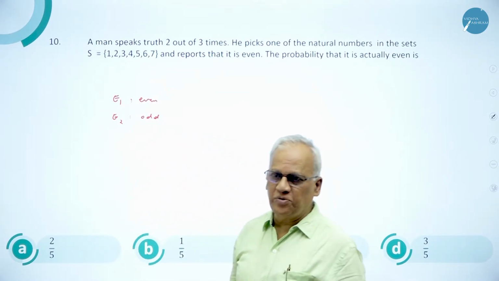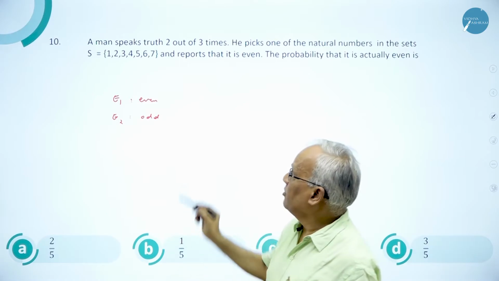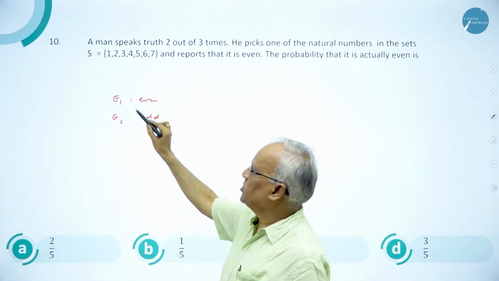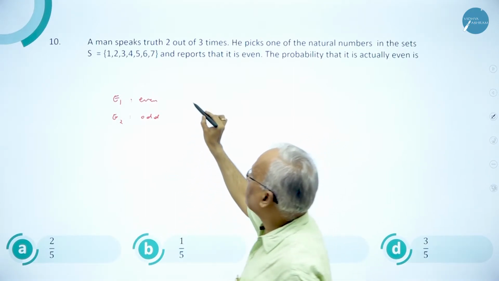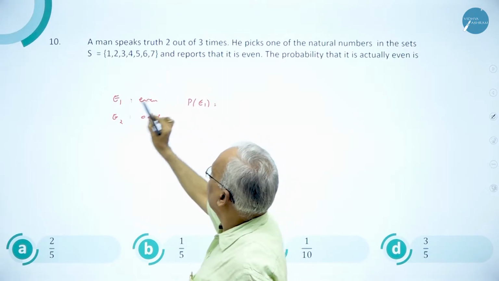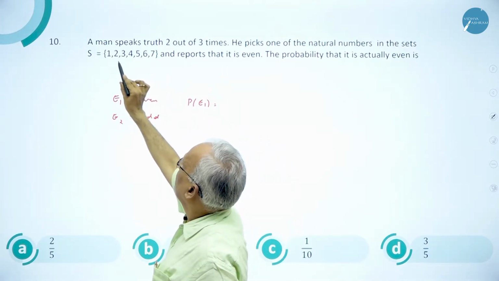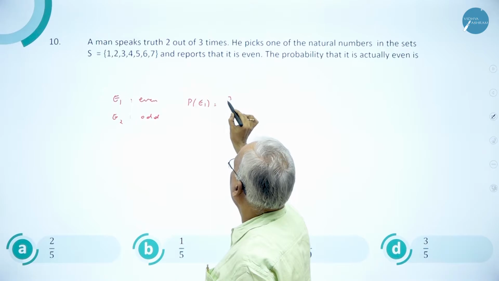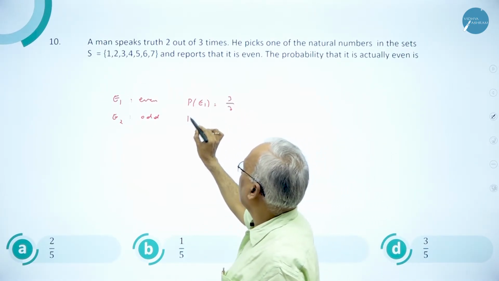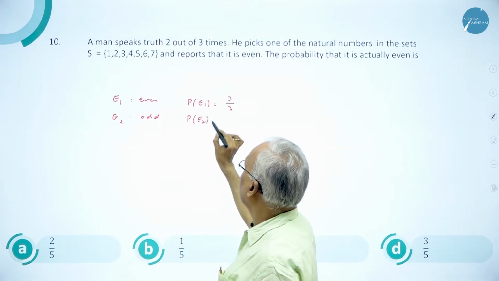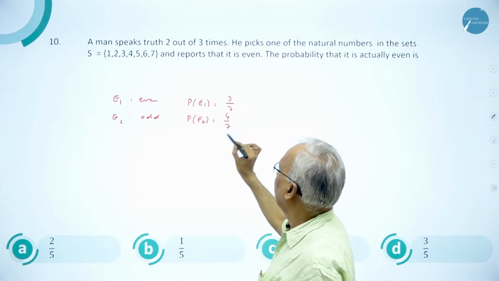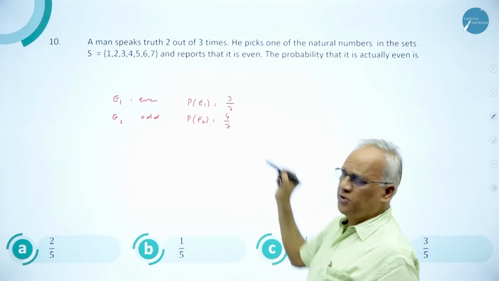See, they are exclusive and exhaustive events because if you pick one of the numbers, either it is even or odd. So what is probability of even? How many even numbers are there? 2, 4, 6. So it is 3 out of 7, so 3 by 7. And what is probability of E2, that is, the number is odd? It is 4 divided by 7.